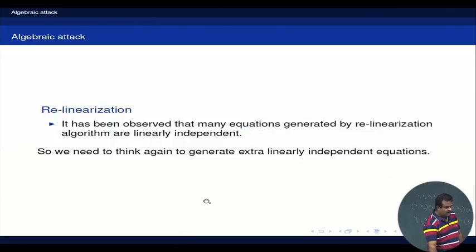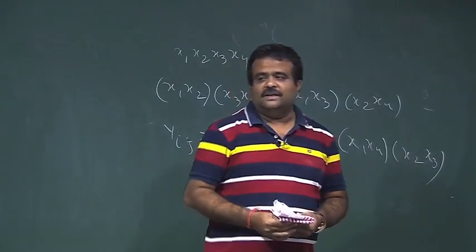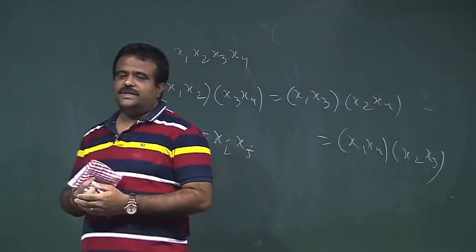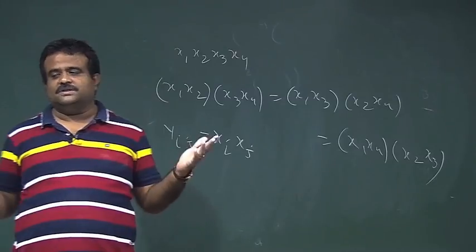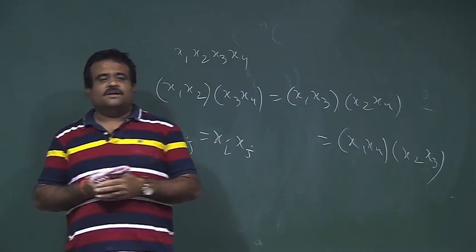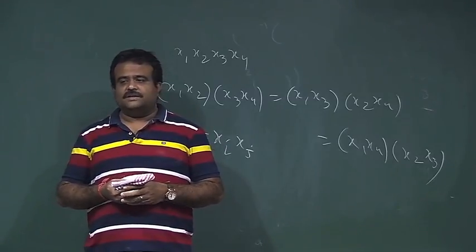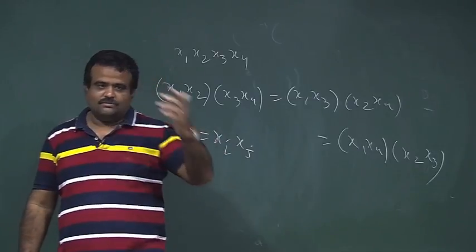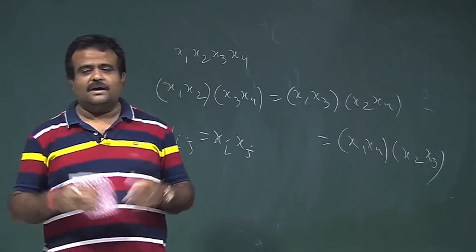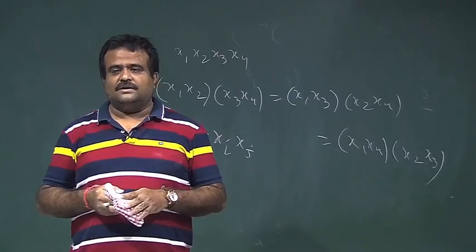Then it has been observed that many equations generated by the relinearization algorithm are linearly independent. Once we have the linearly independent equations, we solve this. If our system is consistent, then we can get a solution of this system, and we can get the corresponding secret key.